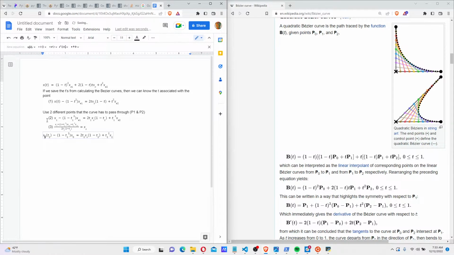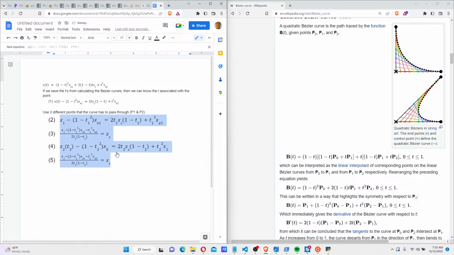Okay. And over here, finally, we get equation 4. We know x sub c, well, I guess then we could just get equation 5. And let's increase that size so you can see it.